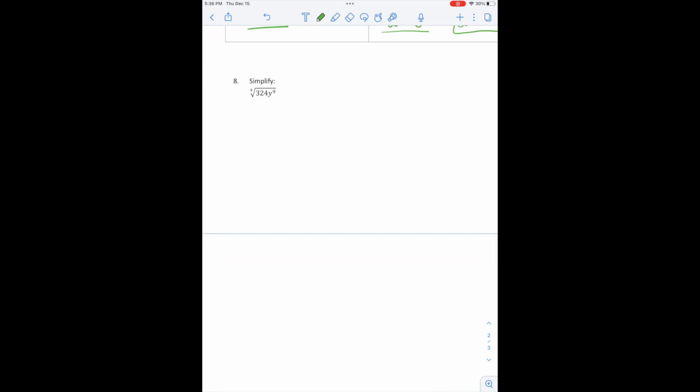Let's take a look at question 8, which is simplify again. Question 8's simplify asks us to find the 4th root of a number times y to the 9th. So I'm going to start with a prime factorization.